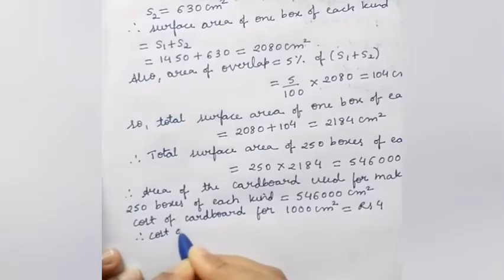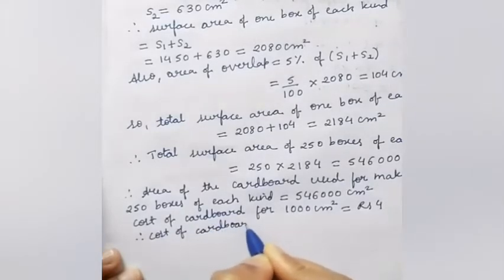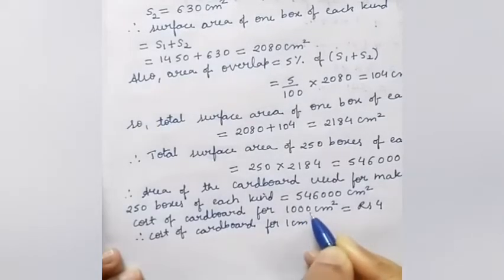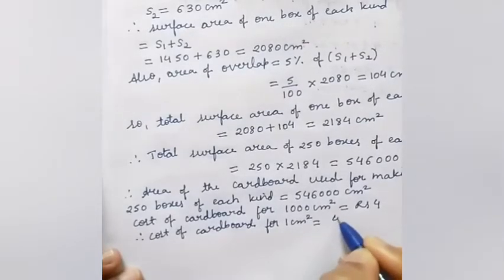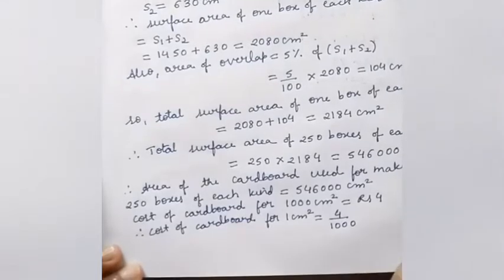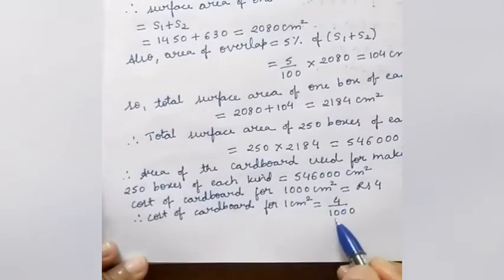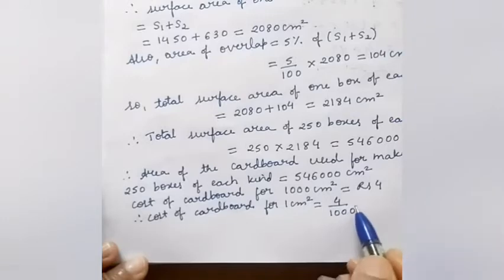Therefore, if for 1000 centimeter square it is rupees 4, then for 1 centimeter square it will be 4 divided by 1000. So if for 1 centimeter square it is 4 divided by 1000, then for 5,46,000 it is nothing but 4 divided by 1000 into 5,46,000.